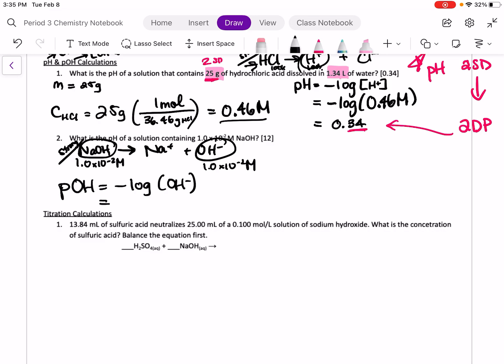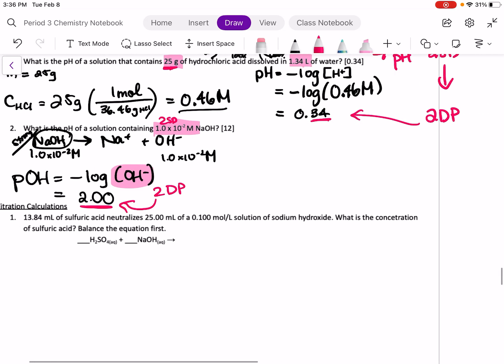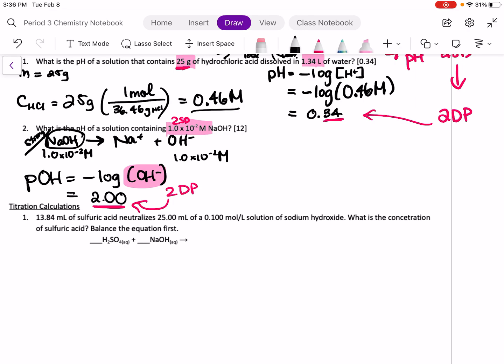When I put my value into this equation here, the number that I get is 2.0. And again, I have 2 SIG-DIGs here, so I need to have 2 decimal places in my final answer, so I have to write 2.00. Now, I am solving for my pH.